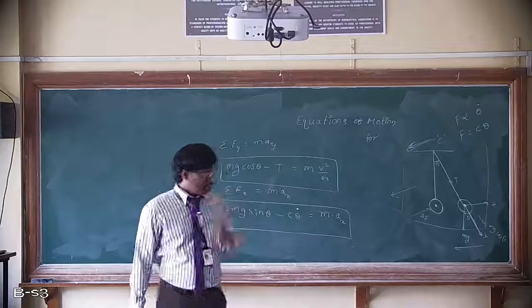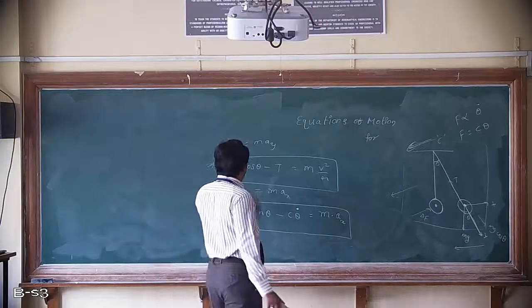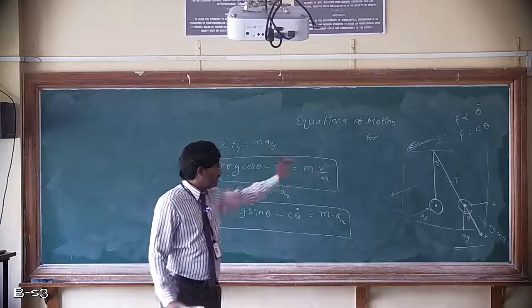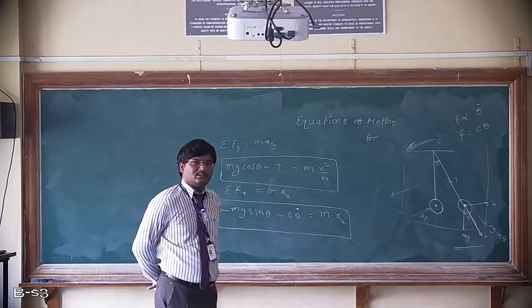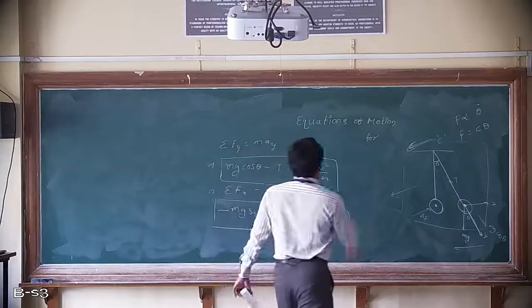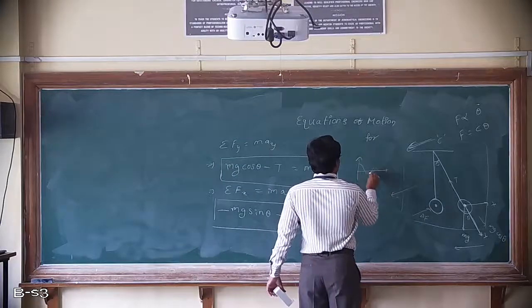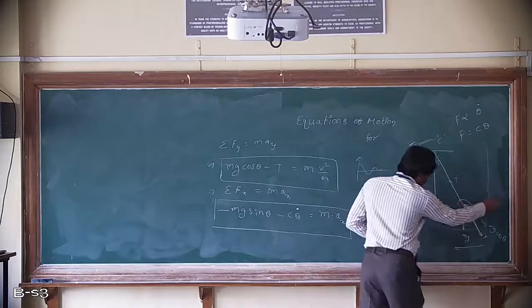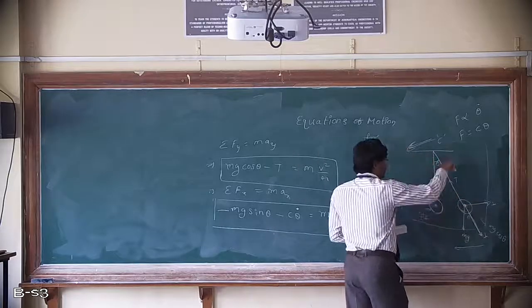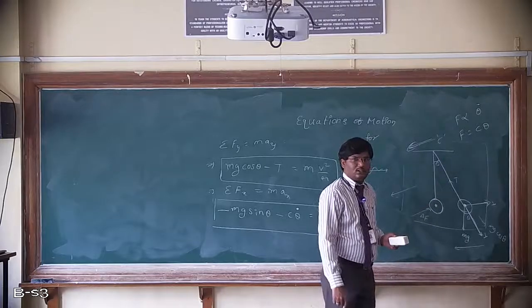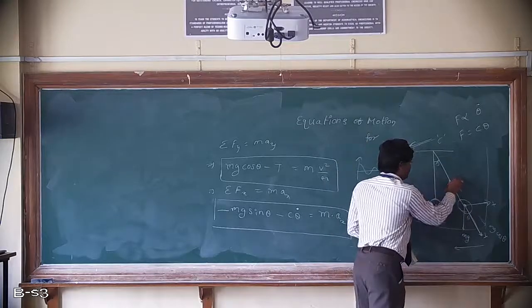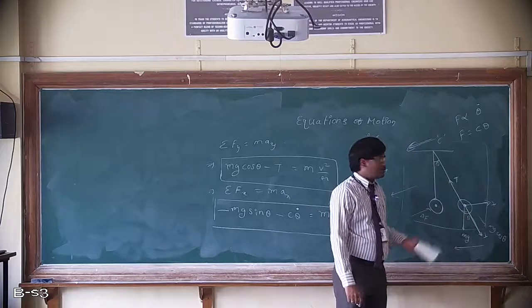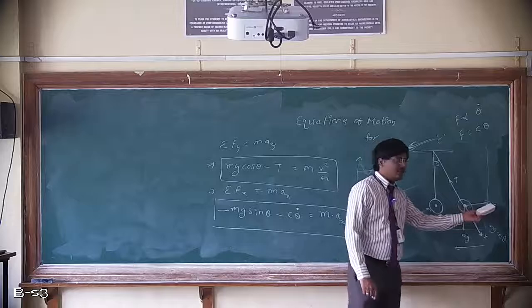For that we need the equations of motion, and we have two of them here. Which equation do we need to analyze the disturbance? You want to see how theta behaves, and theta is towards the x direction. The y direction simply gives the relation between tension and centripetal force, but the disturbance especially acts towards the x direction.